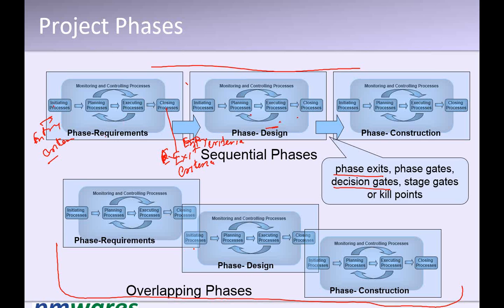Because the entry criteria of the next phase is ready or can be met, we start the next phase. There is some overlapping, and though there is some risk involved, normally people do it this way because it saves time. So when we move from one phase to another phase, these kinds of checks are very important, so that we do not get stuck in the upcoming phases, and we are sure that we will be doing well.